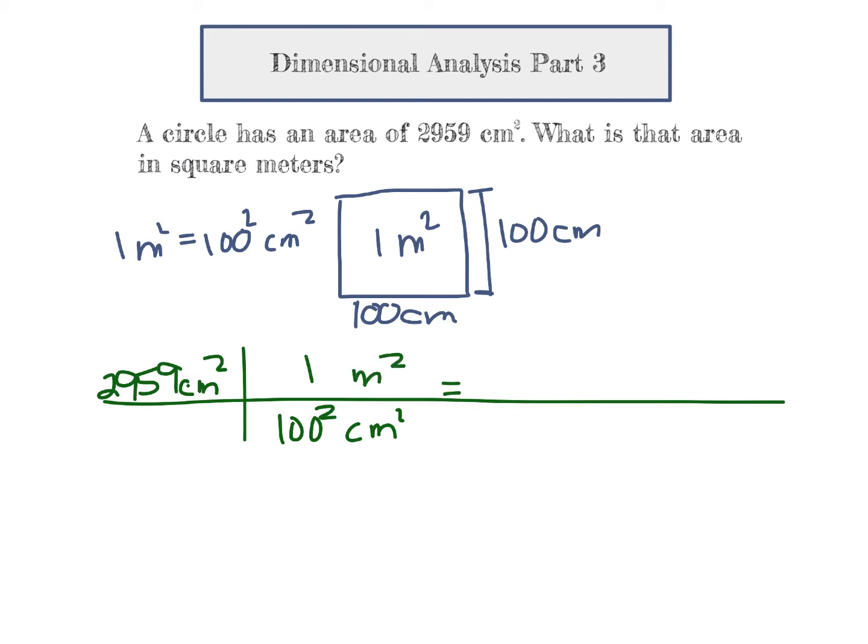And that should equal my final answer. I've done a little bit too much bar, so I'll have to erase a little bit. Okay, triple checking dimensional analysis time, making sure I didn't put my units in the wrong spot. Centimeter squared, everything's good to go. Plugging it into the calculator, I get 0.2659 meters squared.